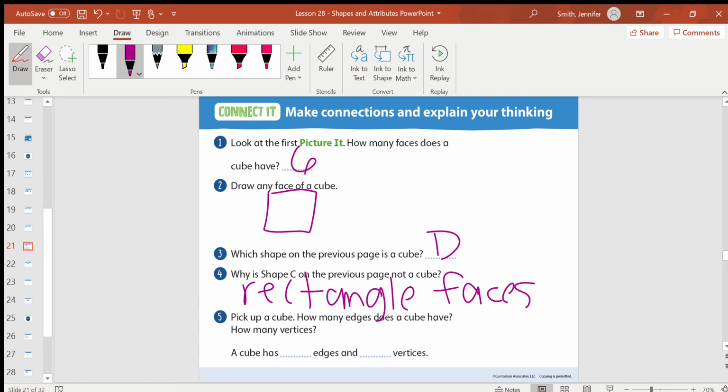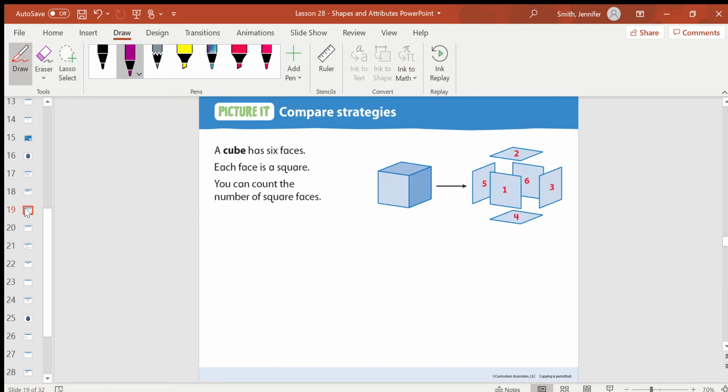Do you have a cube at home? Pick one up and count how many edges does your cube have? How many vertices? So we can go back to the previous picture and have a look at them. And we can see here that there's 1, 2, 3, 4, 5, 6, 7, 8, 9, 10, 11, 12.